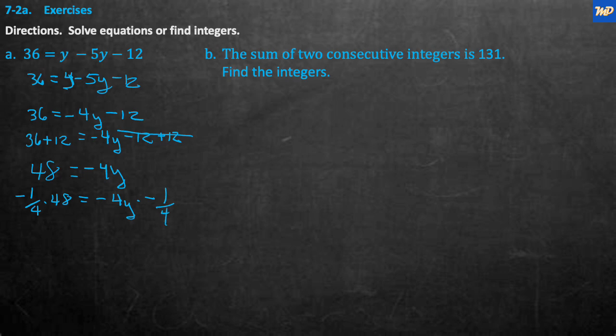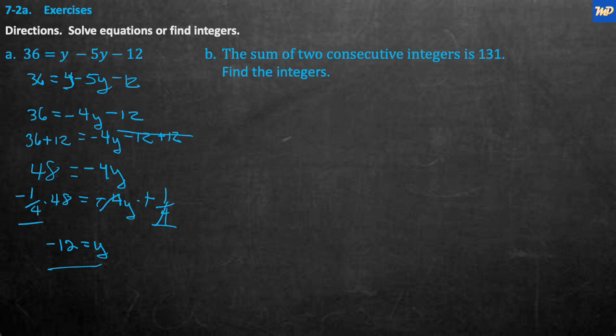I'm carrying that minus all the time in here. If you resolve this, this is going to be negative 12. Negative 12 is equal to, the 4s cancel, the negative signs cancel, y. So y is equal to negative 12.